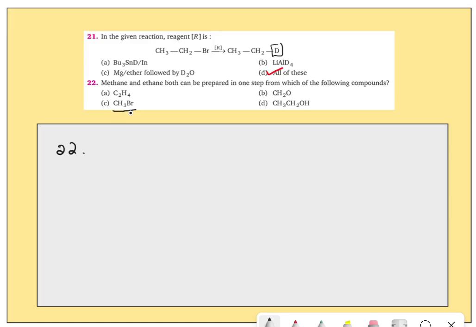So let's assume methyl bromide can be used to prepare methane and ethane. How do we do that? Take methyl bromide. In order to convert this to methane, what reagent should I use?